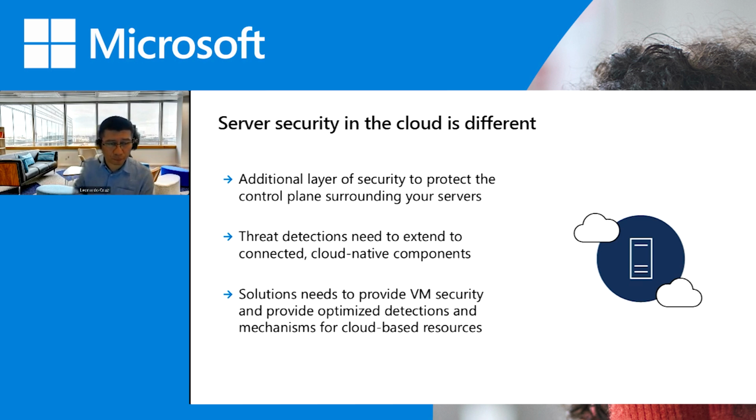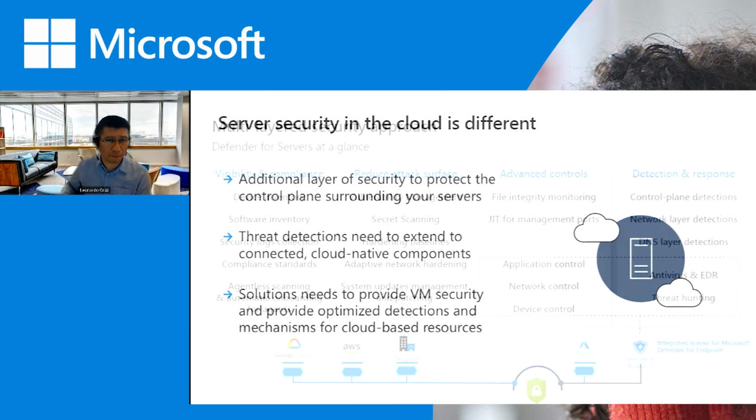As well, the detections should be different, or we should have a different approach, when those servers are in a cloud or multi-cloud environment. And the solutions or features that we need must consider a mechanism to protect those resources that are on the cloud. We need to have a different approach to protect them.